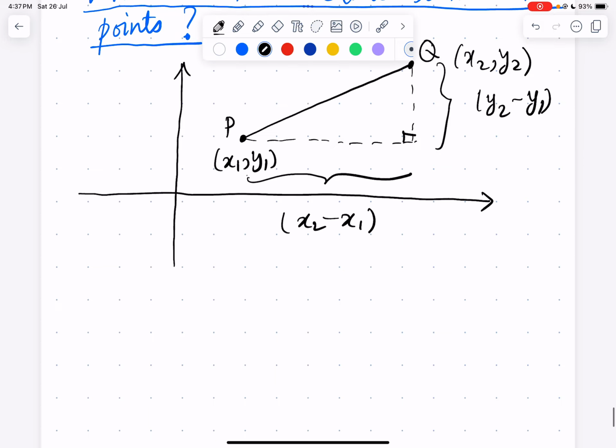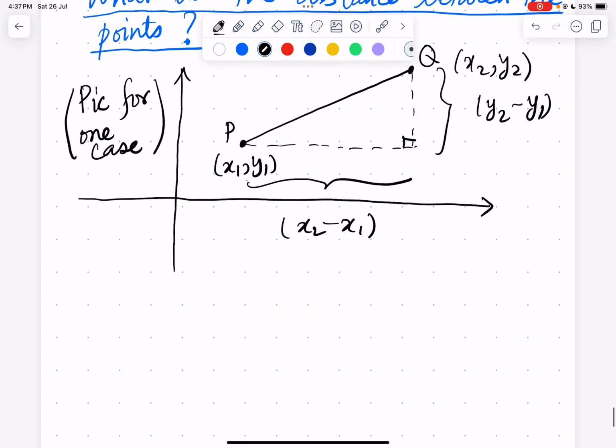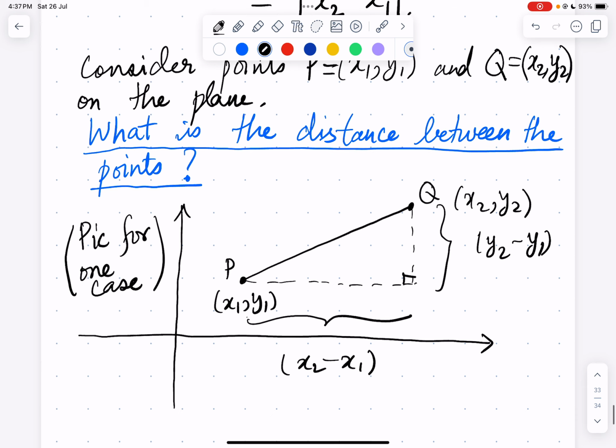So this is the picture for one case. This height is y2 minus y1 because the height of Q is y2 and the height of P is y1. So the difference in heights is y2 minus y1. That will give this vertical side of the right angle triangle.